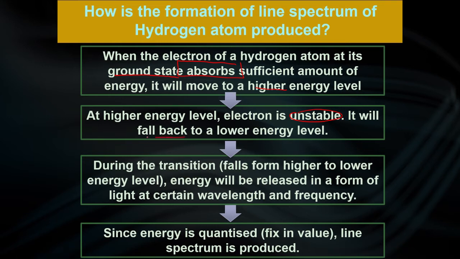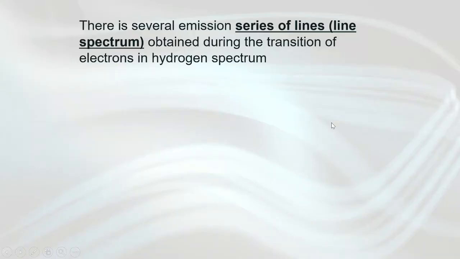It will fall back to a lower energy level. During the transition, energy will be released in the form of light at a certain wavelength and frequency. Since energy is quantized, the line spectrum is produced. So these are the processes that you need to describe when the question asks you to describe the formation of the line spectrum of the hydrogen atom.